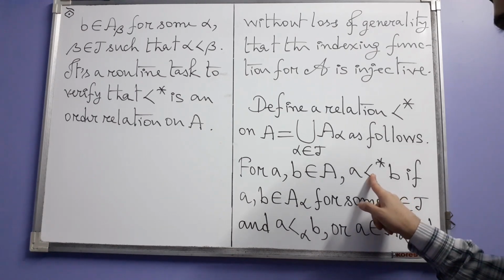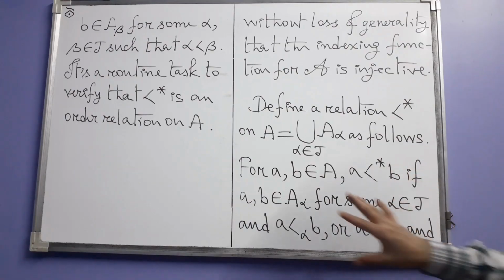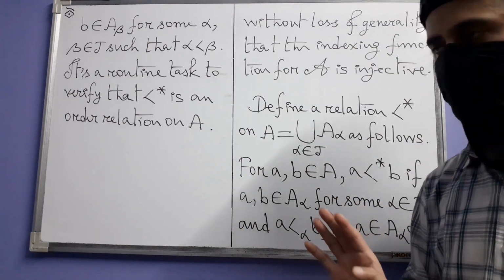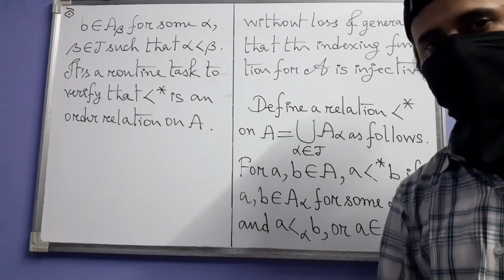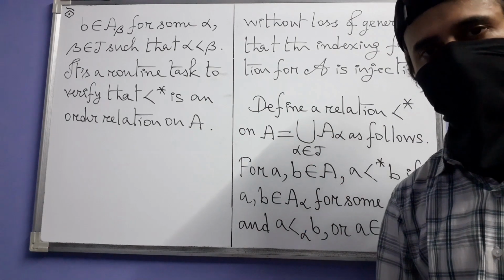Now, despite how complicated it looks, it's actually very easy to show that this is really an ordered relation on A. So this part is also left to you.